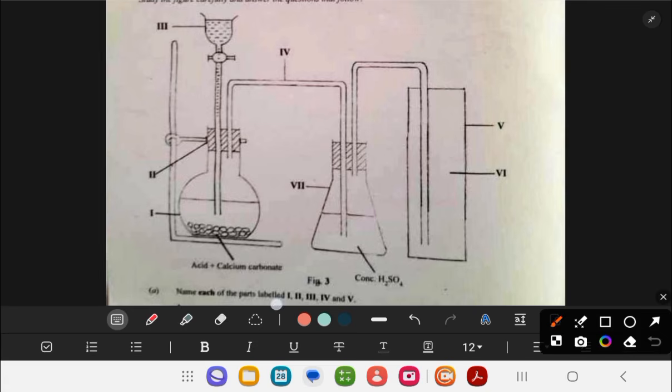The first one, we are asked to name the parts labeled I to V. So I is a flat bottom flask. Then II is a cork, C-O-R-K. III, thistle funnel. Then IV is a delivery tube. So V is a gas jar. We're just asked to name from I to V, so we stop there.